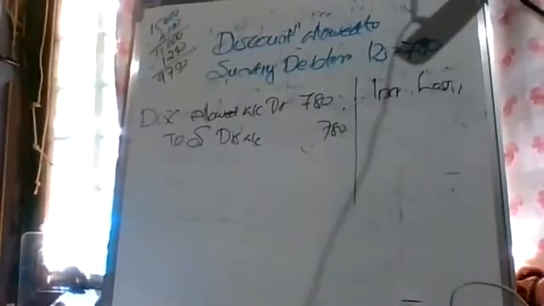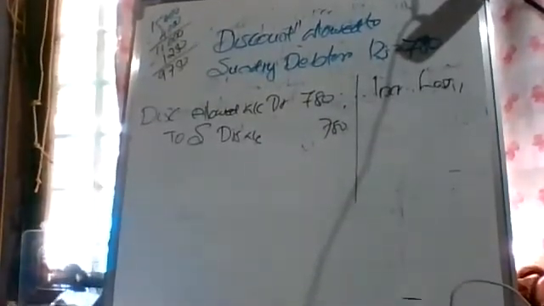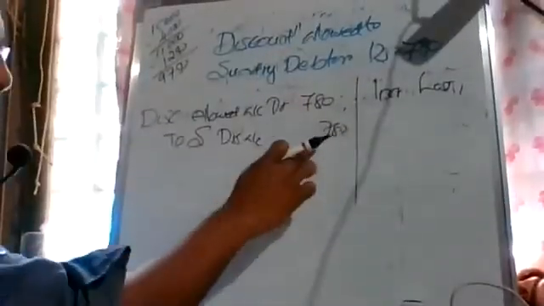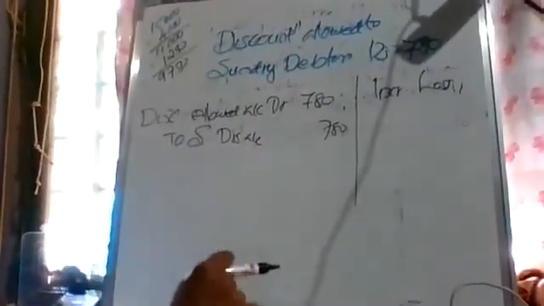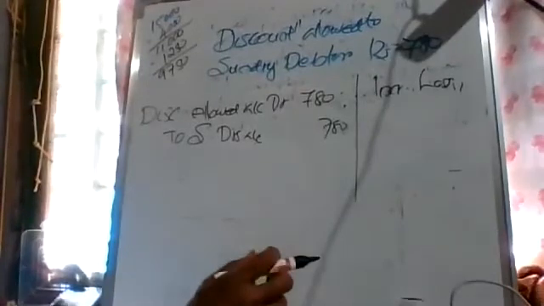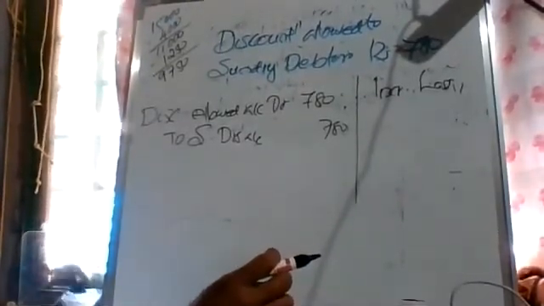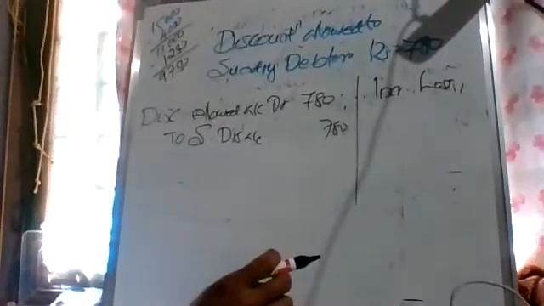Sometimes it may be expense, sometimes loss. Here it is loss: increase in loss. If you write expense or loss also, no problem. At least that you know, we have to appreciate. But the 100% correct answer is increase in loss.